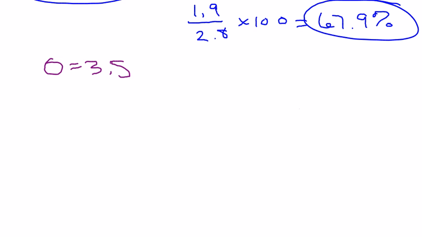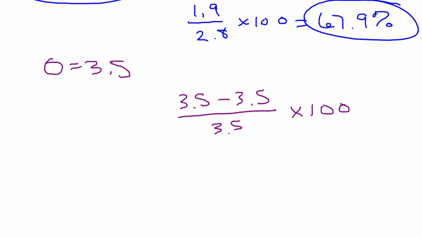Okay, so the percent ionic character then is also going to be 0. We would have 3.5 minus 3.5 divided by 3.5. So we would get 0 divided by 3.5 and just get 0. So your electronegativity difference, 0. Percent ionic character, 0.